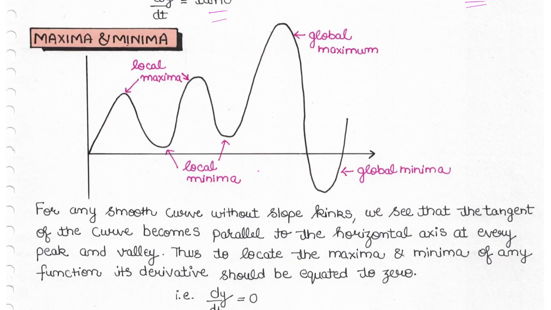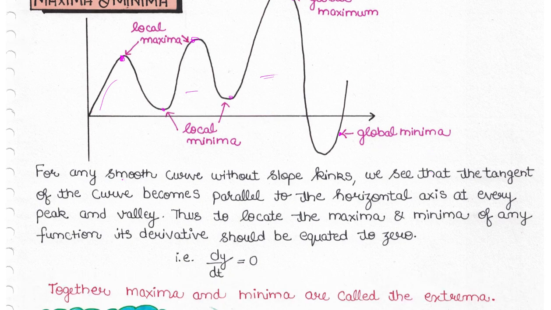So what are the maxima and minima of a graph? If we have a curve like this, you can see here, this thing is called local maxima, these things are called local minima, this thing is called global maxima, and this thing is called global minima.